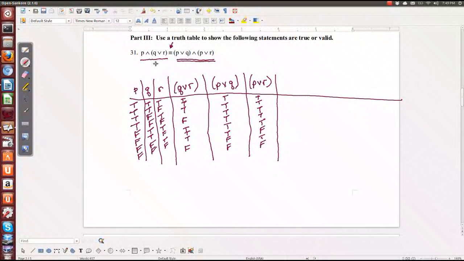But I want to take care of the left side of my expression, which means I'm doing the conjunction of P with Q disjunction R. And a conjunction is a statement that is only true if both statements are true.